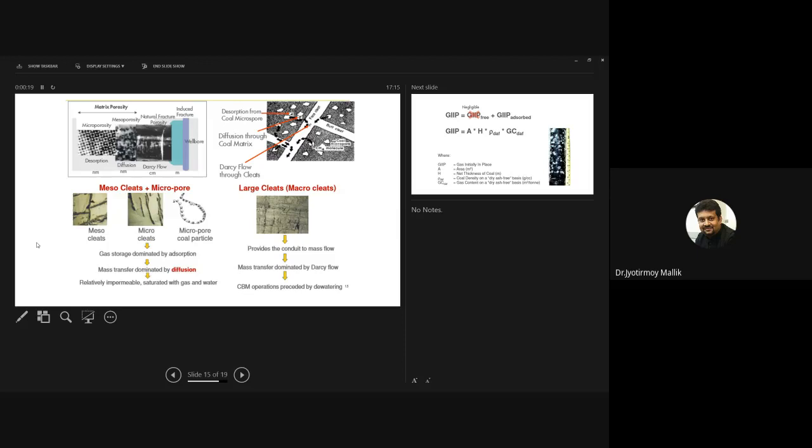This is the microporosity present in coal seam, which actually emits gas by desorption, and then mesoporosity, which is a little bit better, which emits gas by diffusion, and then natural fractures, where the gas flows following Darcy's law, laminar flow.